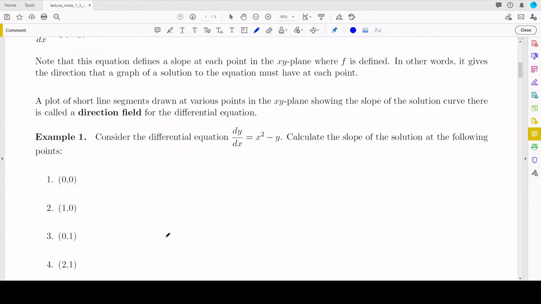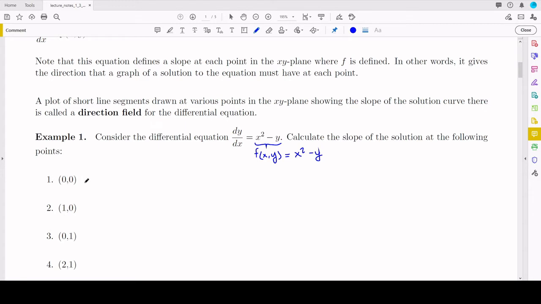Let's look at a very simple example. Consider the differential equation dy/dx equals x squared minus y. In this case, this function is our f of x comma y, and that is equal to x squared minus y.